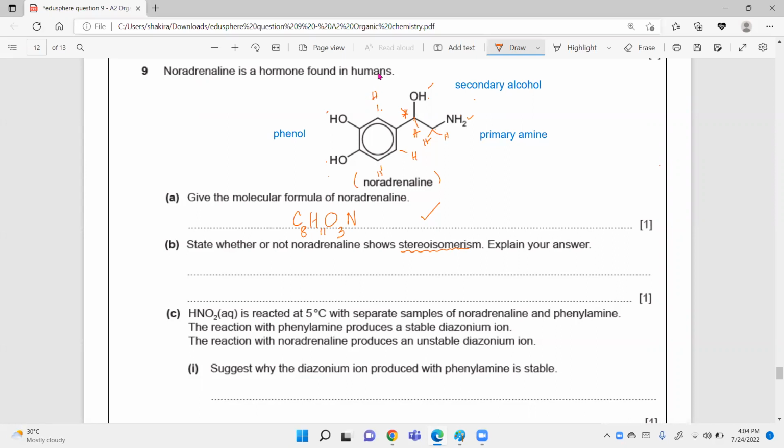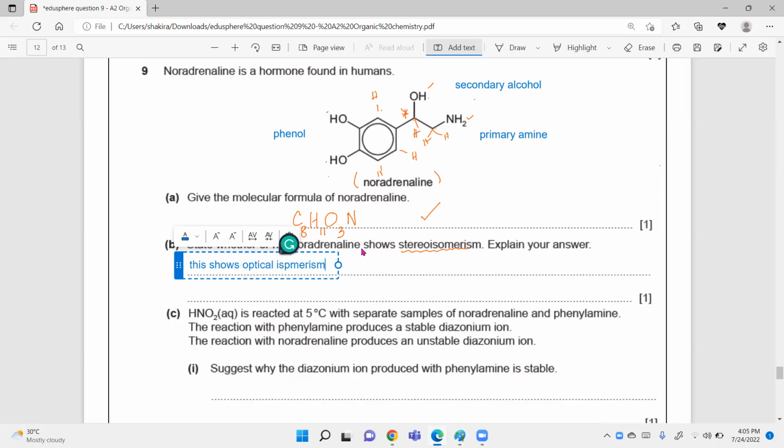Because of the presence of a chiral carbon, we can say this shows optical isomerism. What type of isomerism is shown by this? It shows optical isomerism because it contains a chiral center.